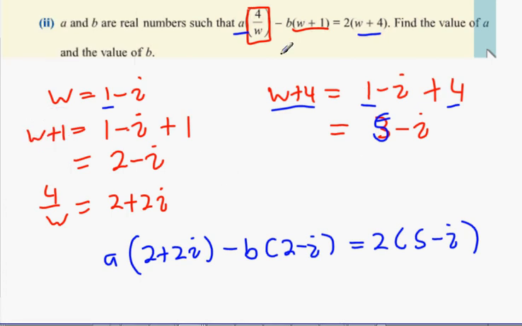Gavin's asked me why don't we add the 4 onto the i? It's because you're adding the 4 onto the real number, which is 1. So 1 plus 4 is 5, and i is an imaginary number, which is minus i.